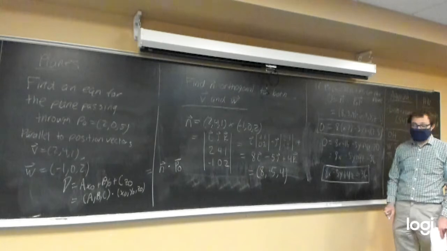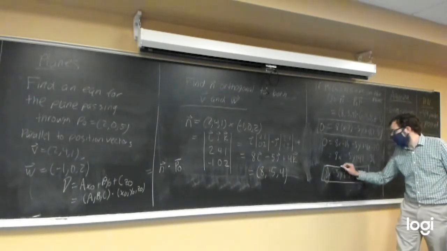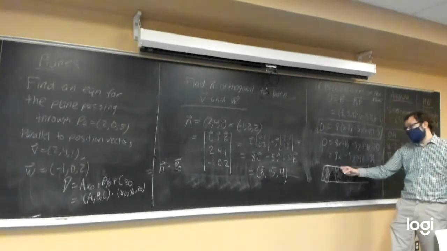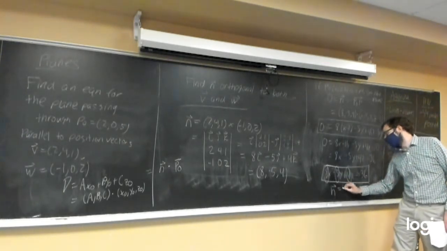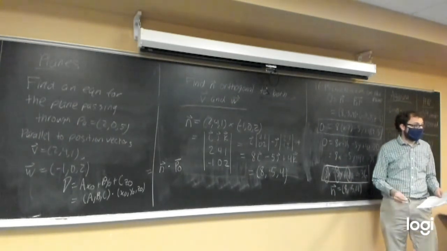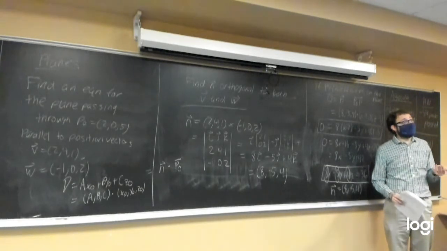What is going to have a lot more geometric significance, though, is if you peel off these scalars on x, y, and z, that's going to be the coordinates of the normal vector 8, negative 5, 4, which is, if you recall, that vector that's sticking out of the plane at a right angle to the plane.